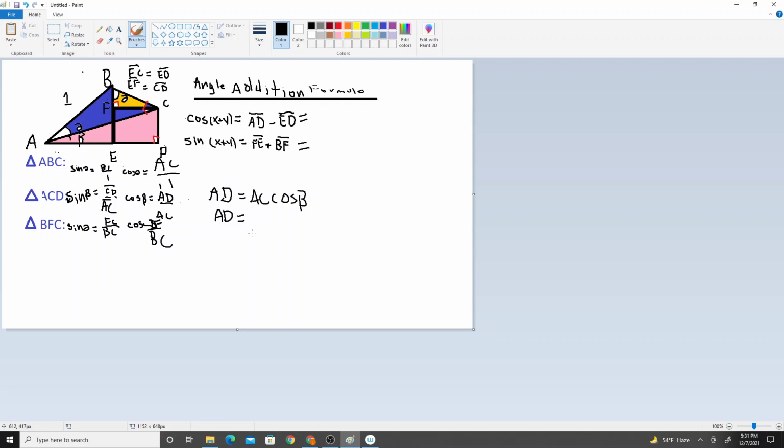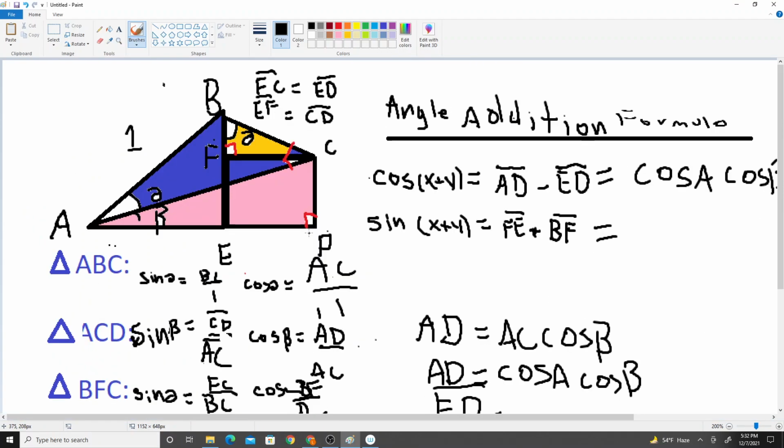I'm only going to show this work for one of them because for the rest of them it's the same thing, and I think it's a pretty simple thing to do. Cosine A, cosine B. So we have AD now, we can put cosine A, cosine B. And then now we want to put minus because we're subtracting ED. ED is equal to, and then where's ED at on here?